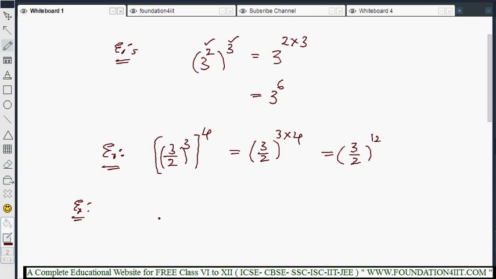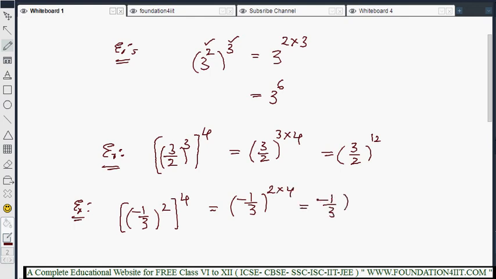For example, the negative base, that means minus 1 by 3 whole square to the power 4. So this one, minus 1 by 3, is the base. Then the powers are 2 into 4. So if you multiply, minus 1 by 3 whole power 8.